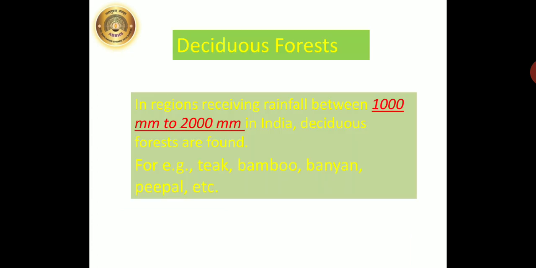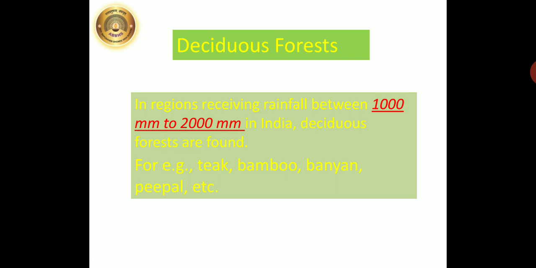Then as the rainfall starts reducing, in the regions receiving rainfall between 1000 millimeters to 2000 millimeters, deciduous forests are found. Now these forests shed their leaves once in a year when the rainfall is less.